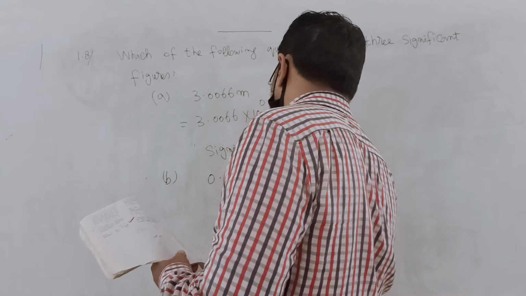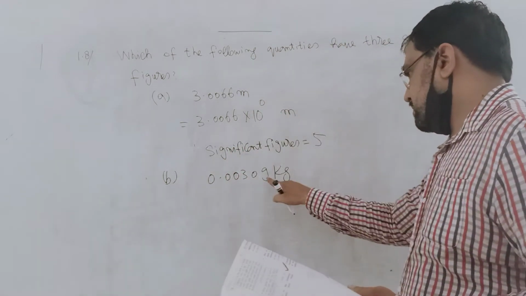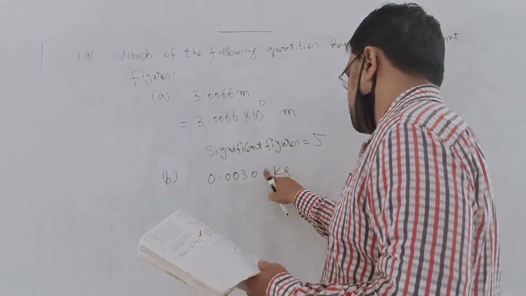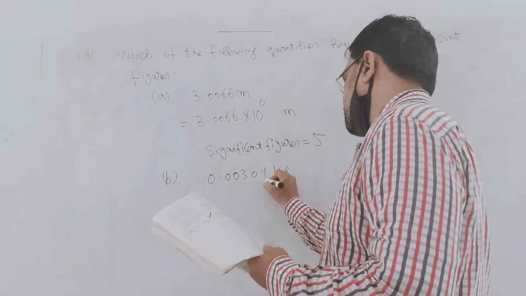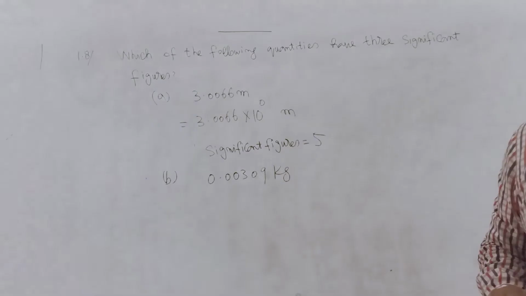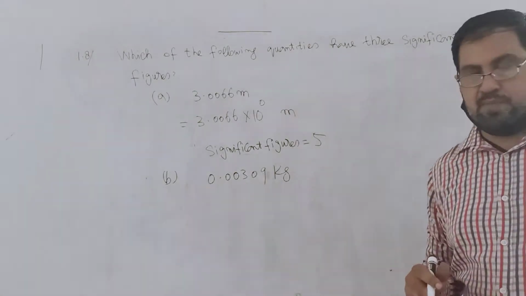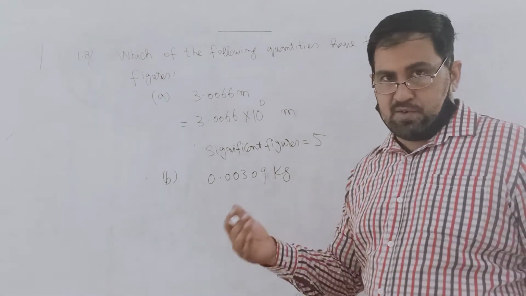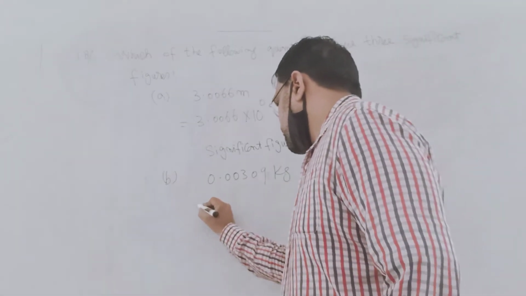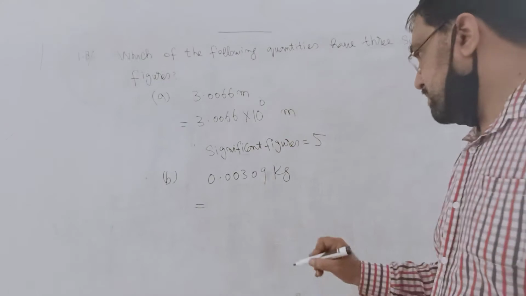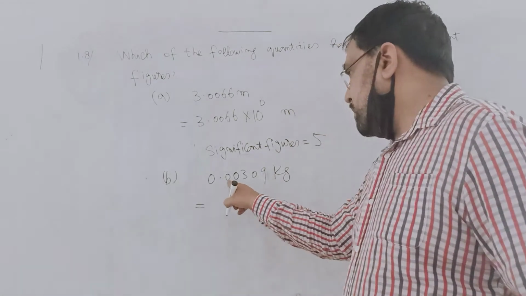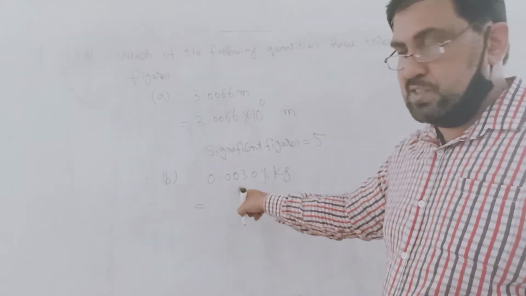In B part, 0.00309 kg. Convert this value into scientific notation. The point must be placed after the first digit, and the first digit is 3.